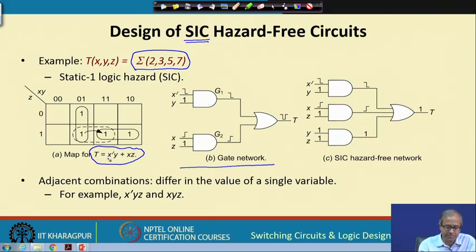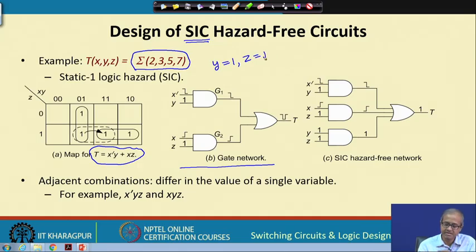So, I can implement this like this. The first gate implements x bar y, I feed x bar in the first input, y here. The second gate, I apply x and z, then there is an OR. Now, let us take a scenario where I have applied y equal to 1, z equal to 1.